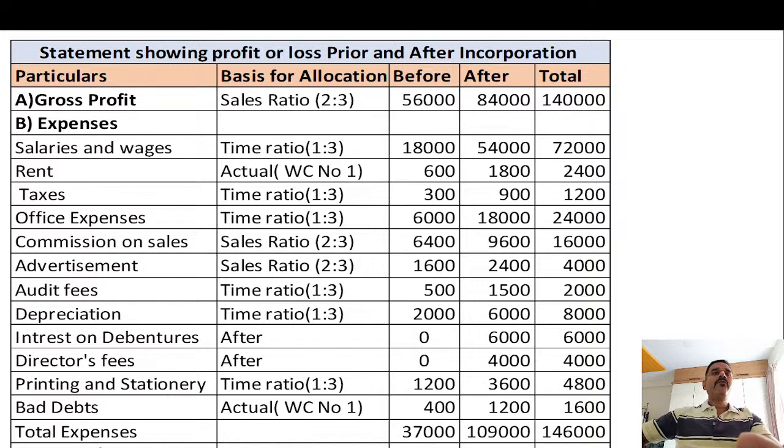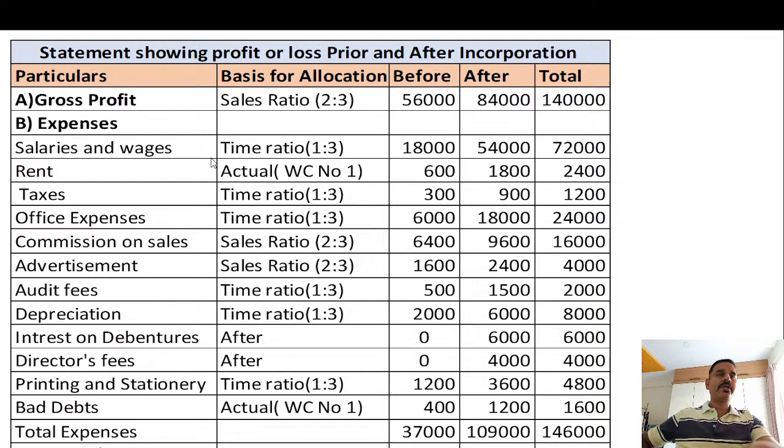So 1,40,000 into 2 divided by 5, and 1,40,000 into 3 divided by 5, that is 56,000 and 84,000. Then less expenses: salaries and wages are distributed on the basis of time ratio, already calculated in the previous slide, that is 1:3, that is 18,000 and 54,000. 72,000 into 1 divided by 4, 72,000 into 3 divided by 4, like that you have to make the calculations.